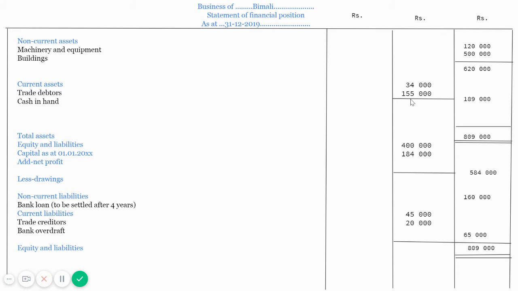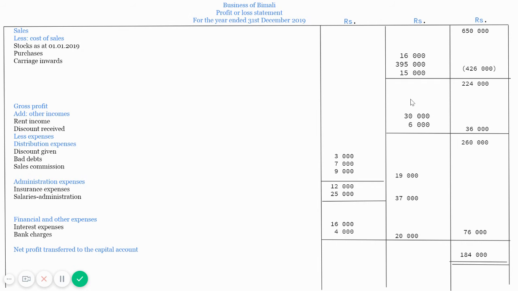Then the next item will be the bad debts. Bad debts result from credit sales, and when the debtors are unable to pay them, we will consider them as debtors which have gone bad, unrecovered debts. So they will be known as bad debts, and we'll consider them under distribution expenses.